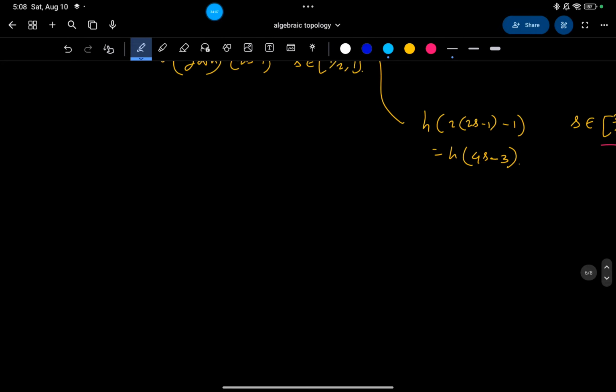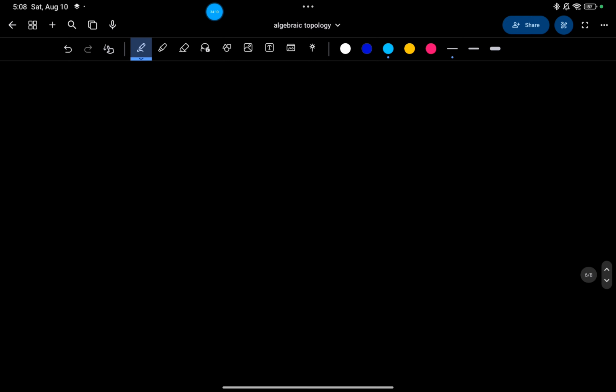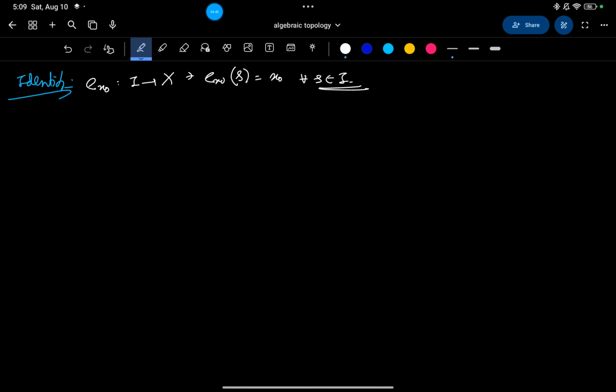All right, now next is the identity one. So what should be the identity one? The most natural guess for the identity is to take the constant map. So let's define E x naught as a mapping from I to X such that E x naught of small s is nothing but x naught for all s belonging to capital I. So it is just a particular point, small x naught, every time.